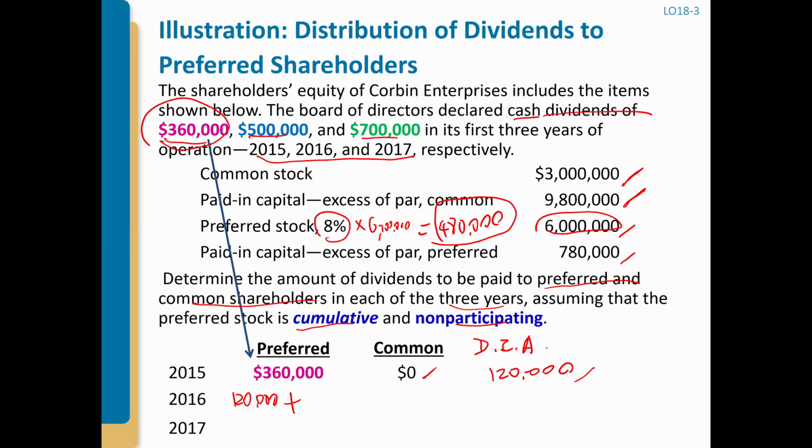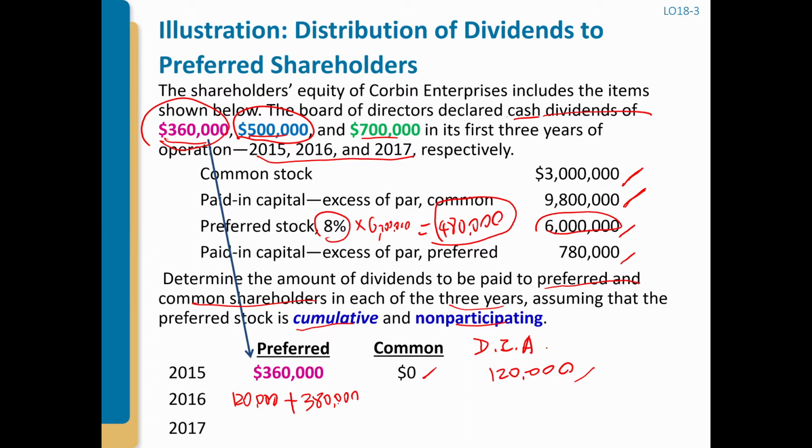However, we only have $500,000, so you can only pay not 480, you can only pay 380. Is that correct? You need to pay 120 first, and then you pay 380 instead of 480. Okay, 380 is part of 480. That makes sense. So that's why the total is 500.